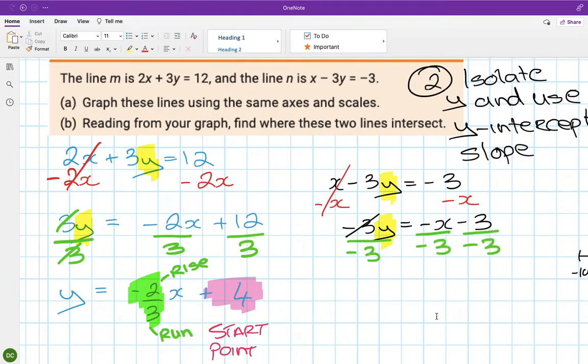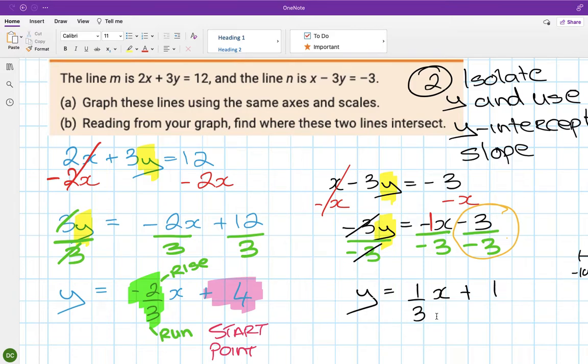So they cancel, leaving me with y. There's an invisible 1 in here. So the two minuses make a plus, so it's just 1 over 3x. And then the two minuses here make a plus, and 3 divided by 3 is 1.